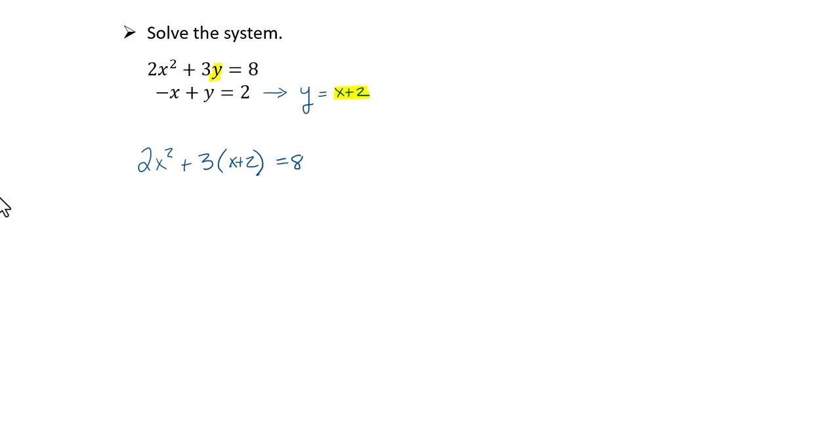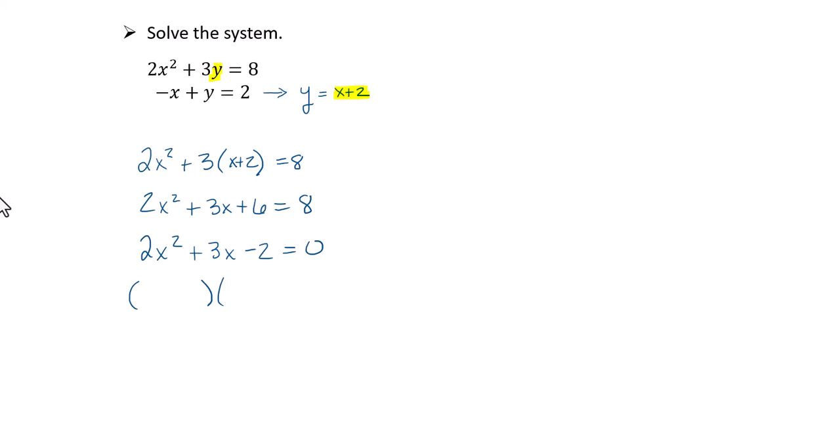Now we need to go ahead and distribute the 3. I have a quadratic equation here, so I'm going to try and get everything on one side and factor. 2x squared plus 3x minus 2 equals 0.